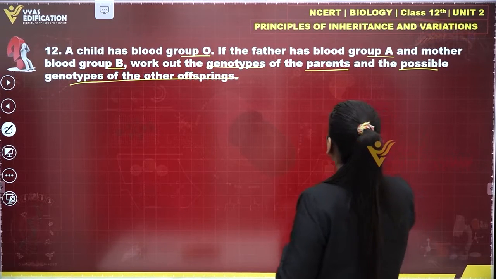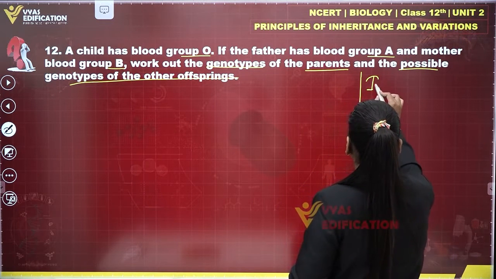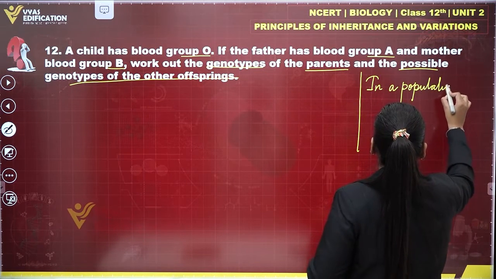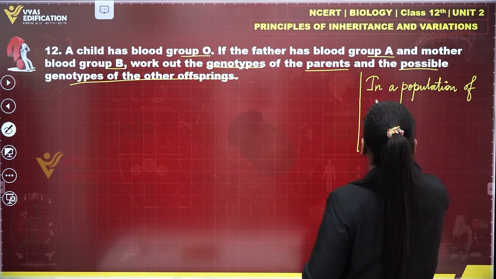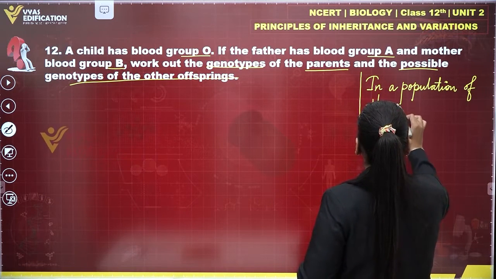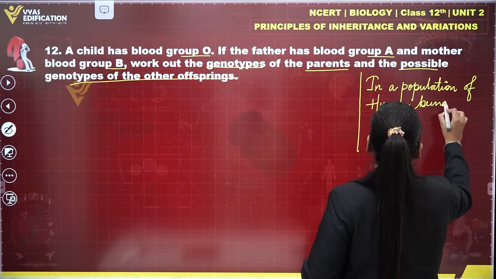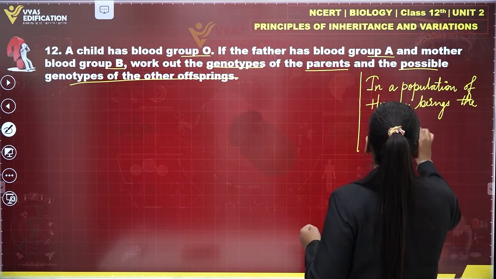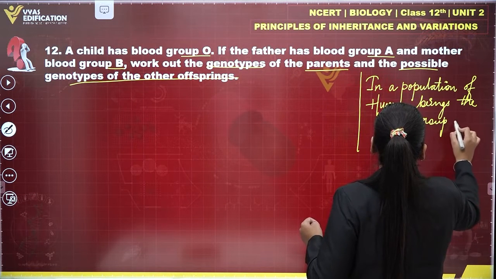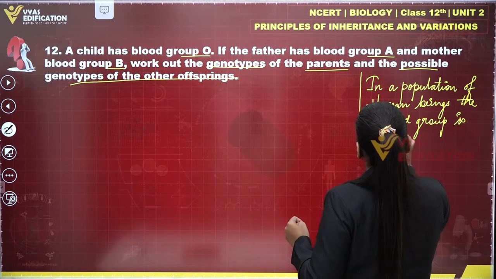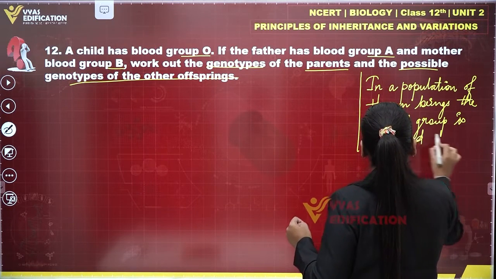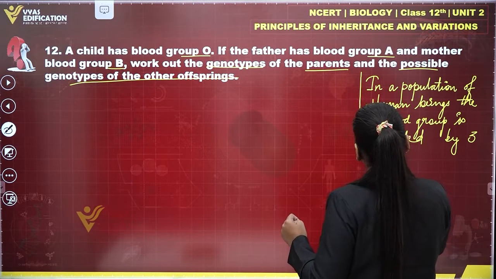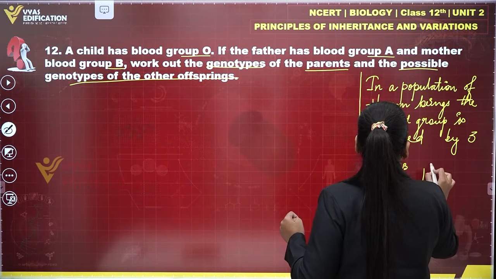So in a population of human beings, the blood group is controlled by three alleles, and these three alleles are IA, IB and i.